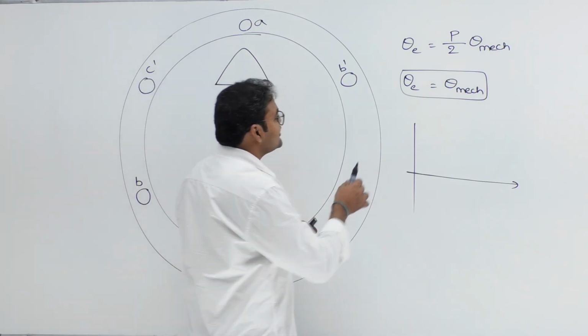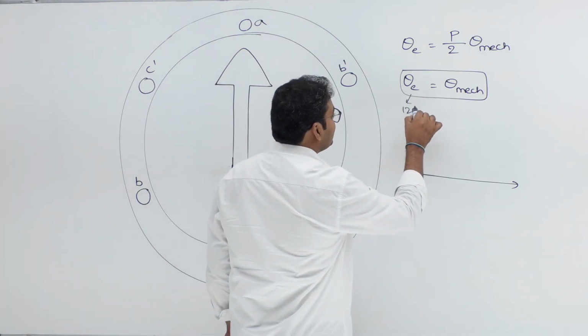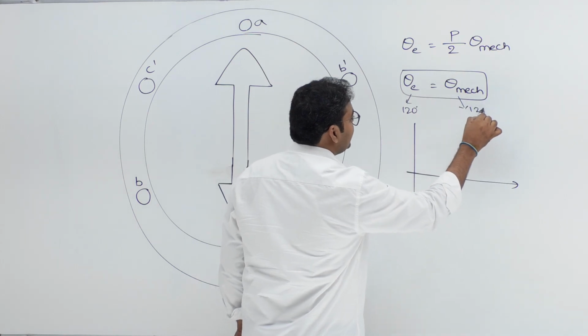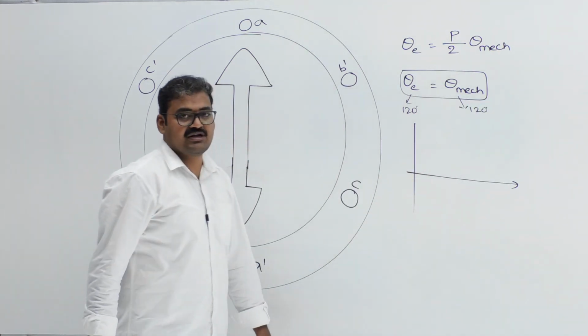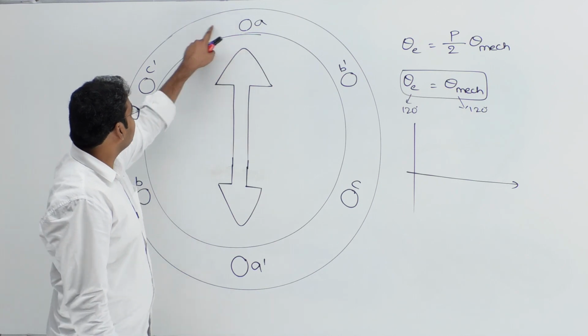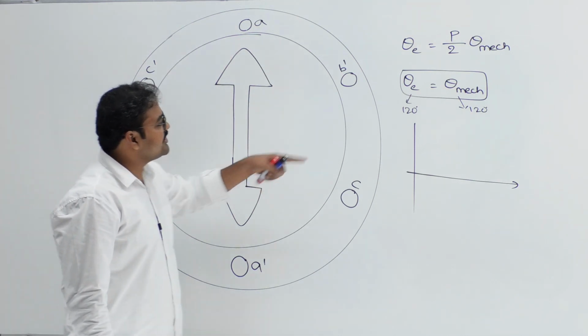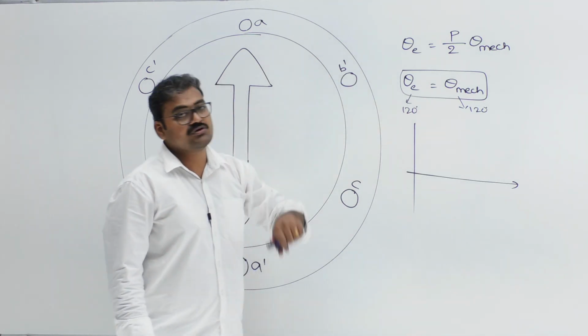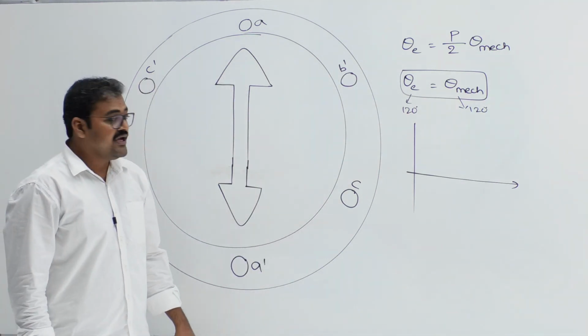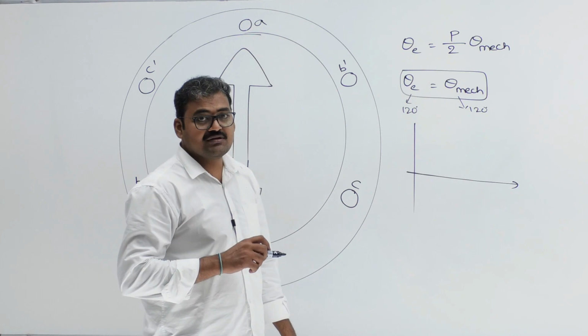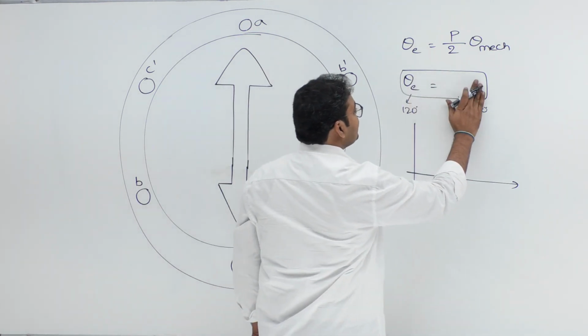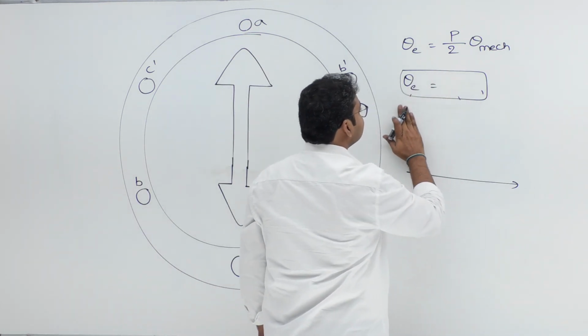But as it is a 2-pole system, if you need 120 degrees electrical displacement, you need 120 degrees mechanical displacement as well. That's why from A to B there is 120 degrees mechanical displacement. Therefore, electrical displacement is also equal to 120 degrees. If I select a 4-pole machine, tell me what is the relation between electrical angle and mechanical angle?